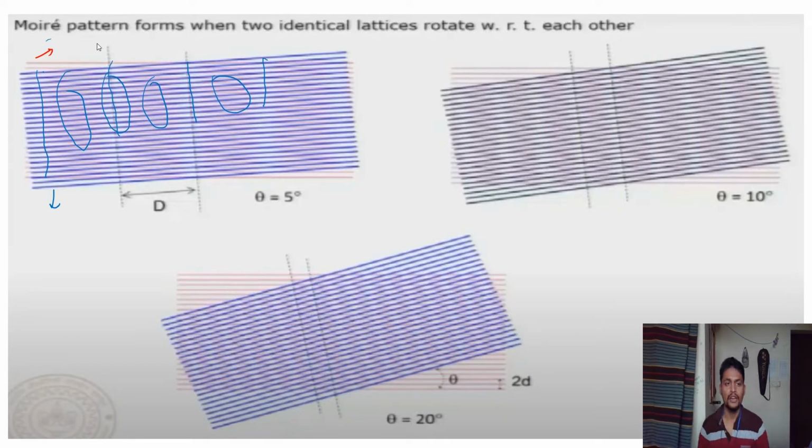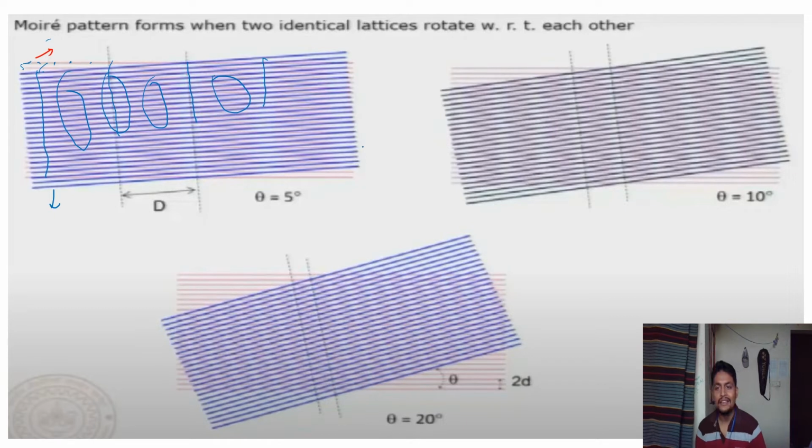A new kind of pattern is forming, and let's say this is the lattice parameter for the red one. Now the Moiré pattern that is seen has a superlattice, as we are calling it, with a pattern much larger than the normal parameters, right? The angle between these two lattices here is given as 5 degrees.